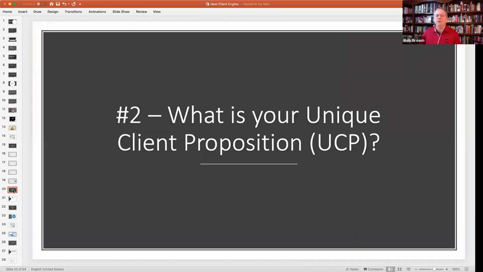All right, so let's move to shift number 2. In shift number 2, what you have to be able to answer is, what is my unique client proposition?